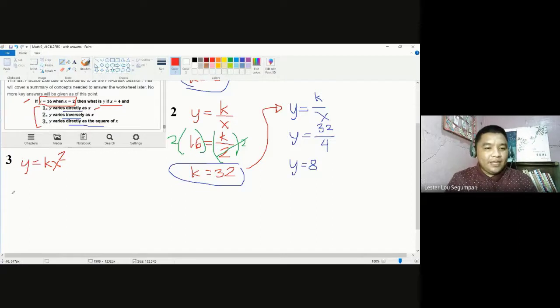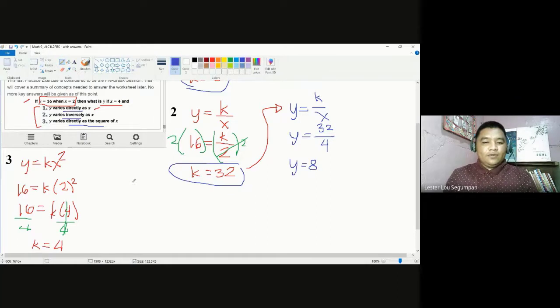Let's use the same given here. 16 is equal to k times x, which is 2, squared. This is actually 16 is equal to k times 4. Then we divide both sides by 4 to solve for k. The value left for k is 16 over 4, or simply equal to 4.